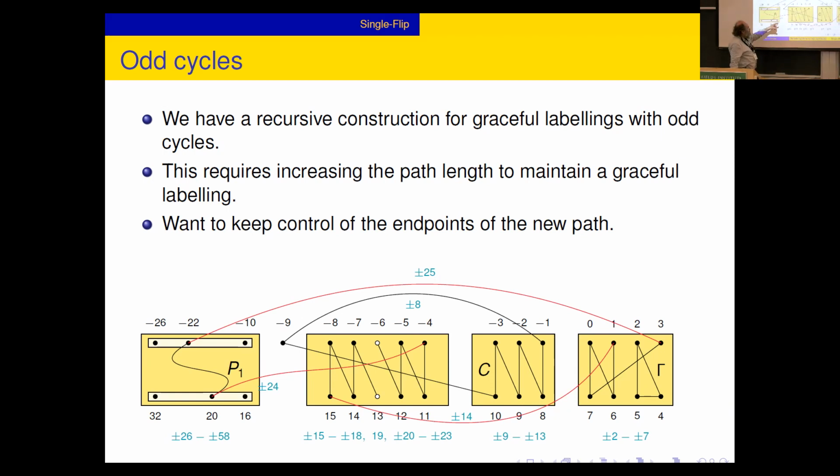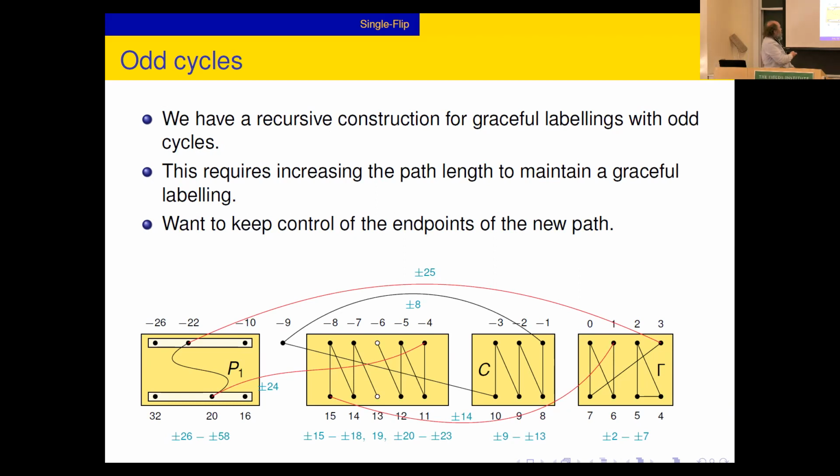And where do we go? Here. 20, which gives me difference 24 when I join it up with the -4. And then I label this thing so that the endpoints of that path are -22 and 20.